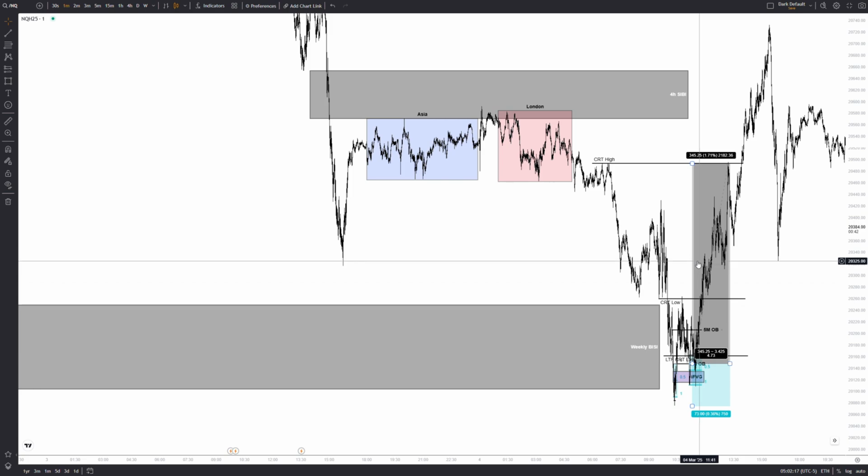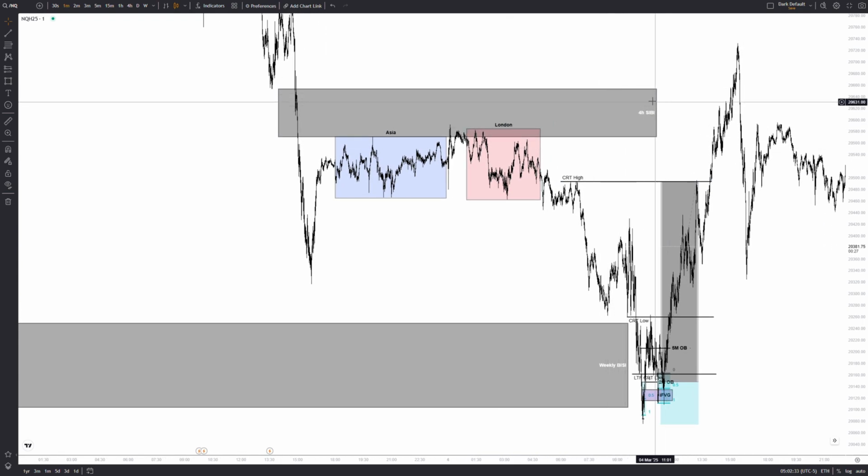I'm expecting price to reverse and target at the minimum the CRT high, and then London highs, but eventually surpassing the 4-hour bearish FVG.